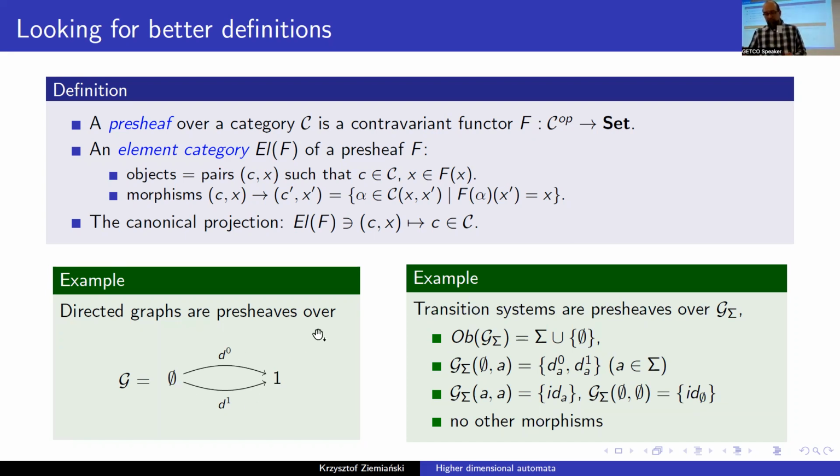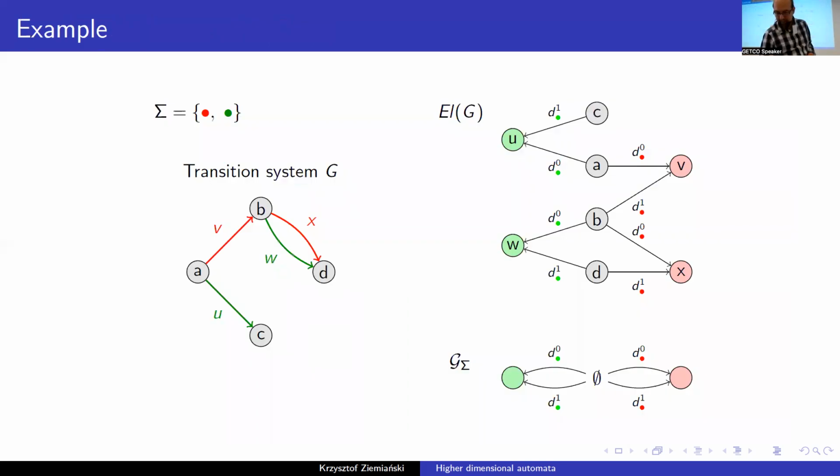When you want to model transition systems as presheaves, you have the empty set as an object of your category. This will represent vertices, then elements of your alphabet, and over every element of your alphabet, over every letter, lies the set of edges which are marked by this letter.